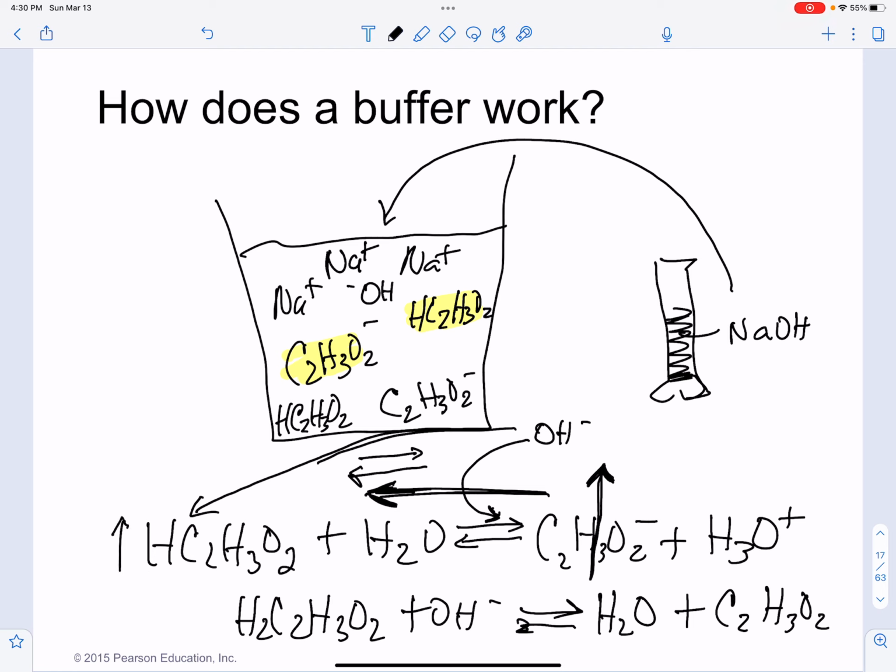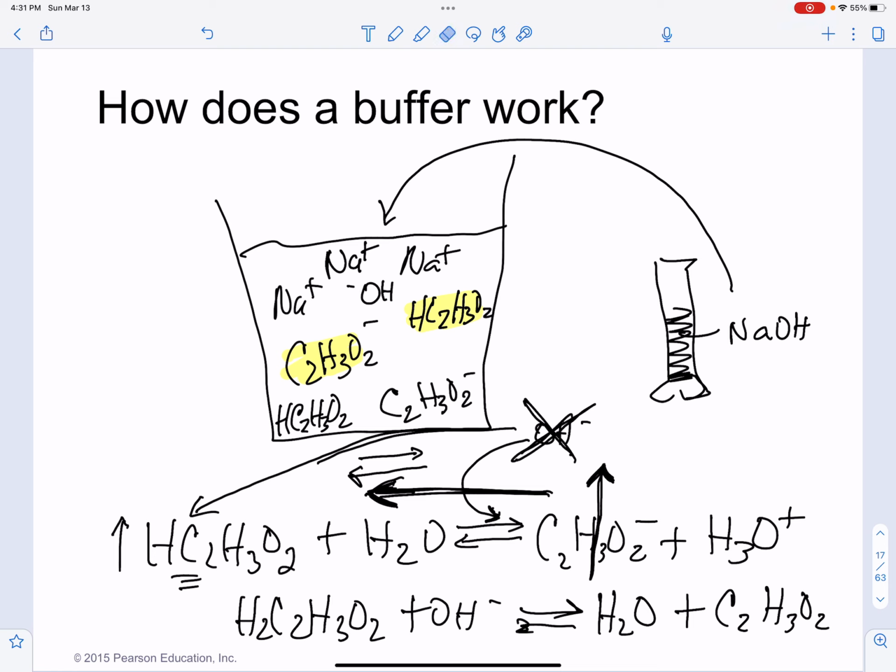Therefore, since you have an equilibrium system and you cause a disruption to it, as long as you have enough of the acid, it will neutralize what you just added, and Le Chatelier principle will bring it back to where it should be. Therefore, not affecting the pH. And if your bacteria is in there, depending on that environment, it's not going to even notice. So that's how a buffer works.